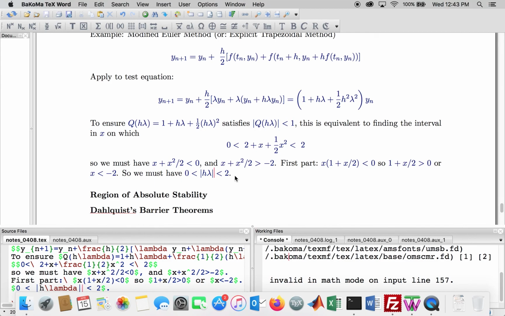So that's a pretty stringent restriction on h, especially for the kind of systems of ODEs that come from PDEs defined at a high resolution. You might need a really, really small value of h just to get a reasonable solution.